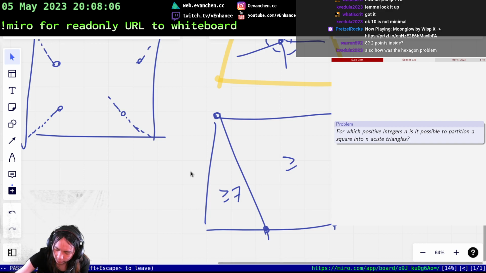There's no way. You either burst or you cut, and cut is bad. If you burst, you have at least 8. If you connect all the way to the opposite vertex, then you have at least 7 here.